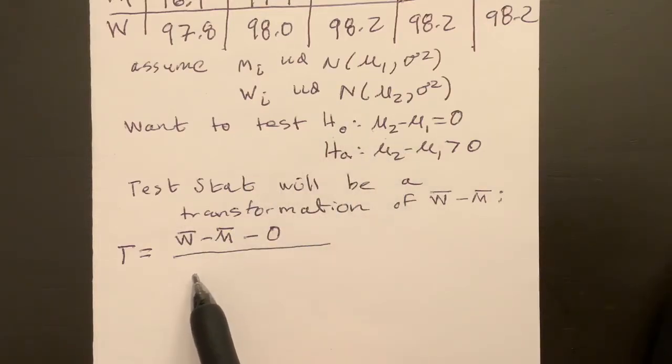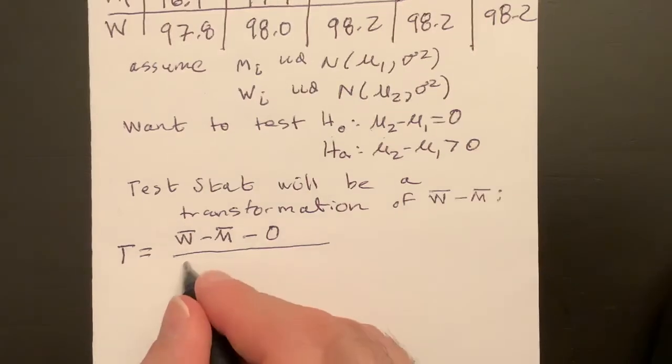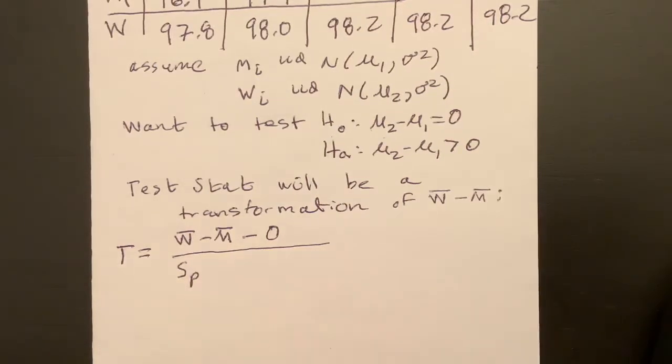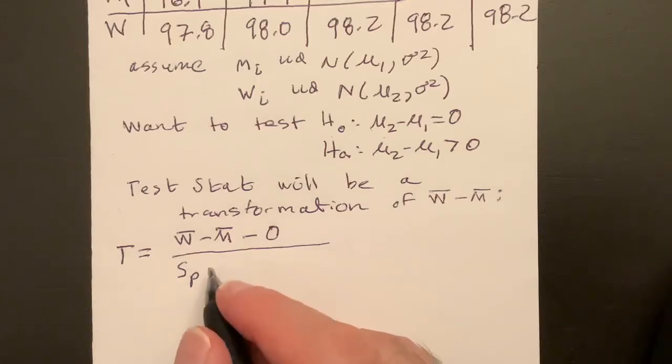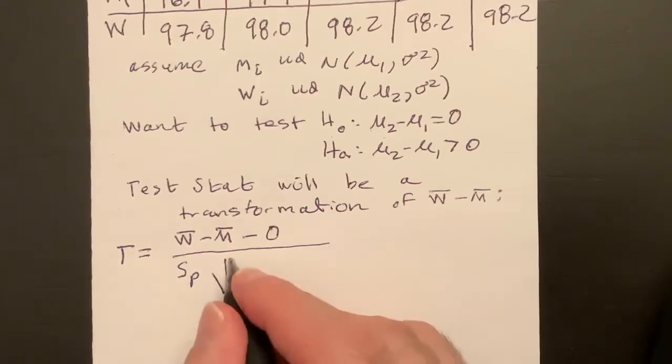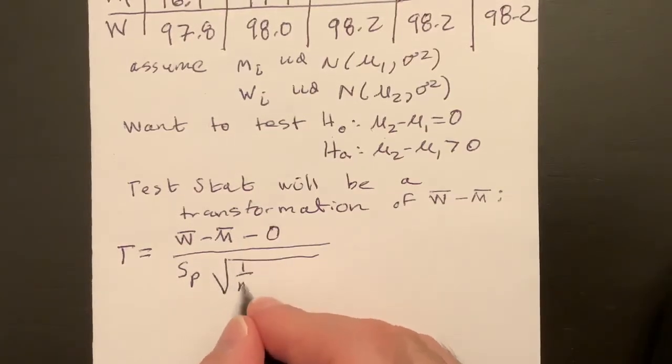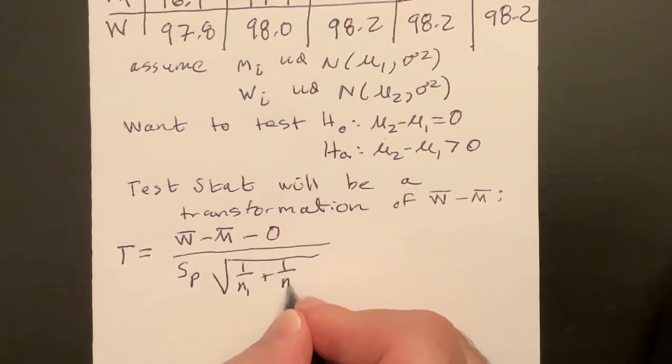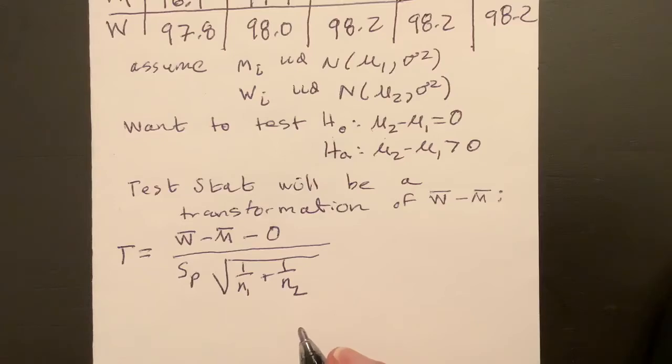And now I want to divide by the studentized standard deviation. So this is going to be, we'll call this SP, the pooled standard deviation. And in here I have square root 1 over n1 plus 1 over n2. We'll show this at the end. Okay, so this is our test stat.